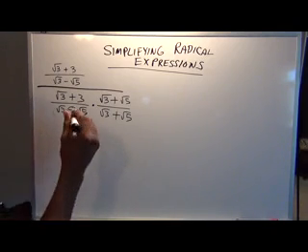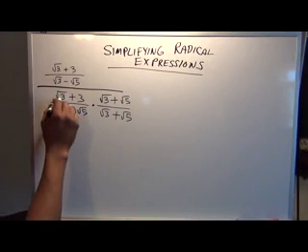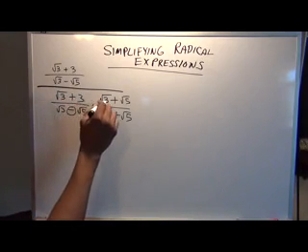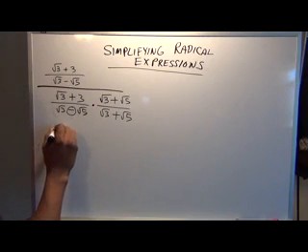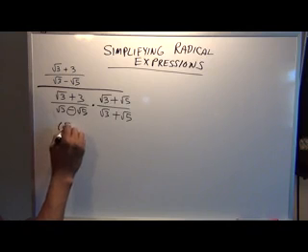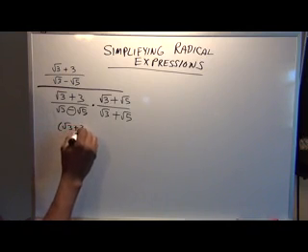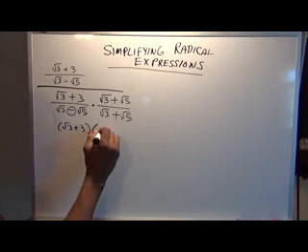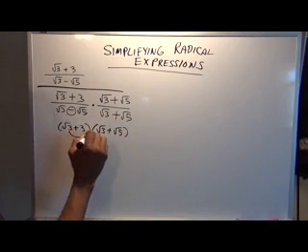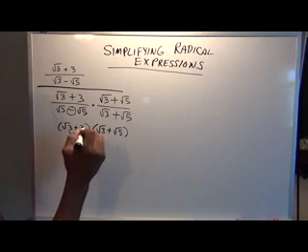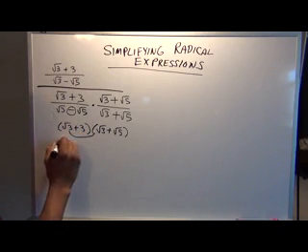So square root of 3 plus 3 times the square root of 3 plus the square root of 5, we would do the FOIL method. The first is square root of 3 times the square root of 3. We know that's 3.